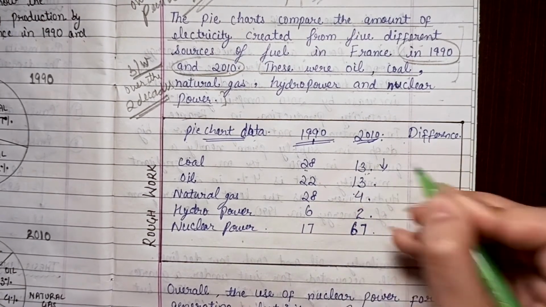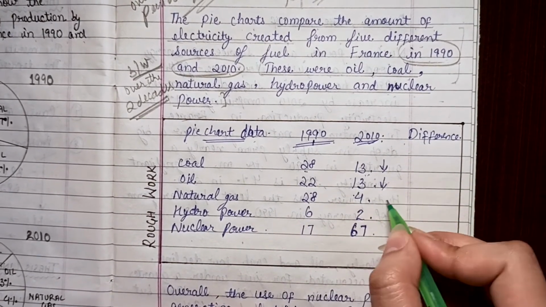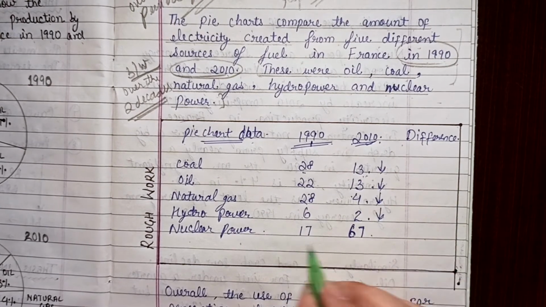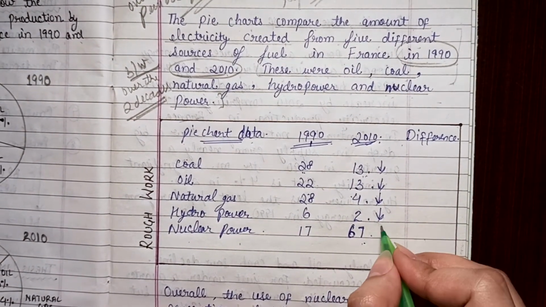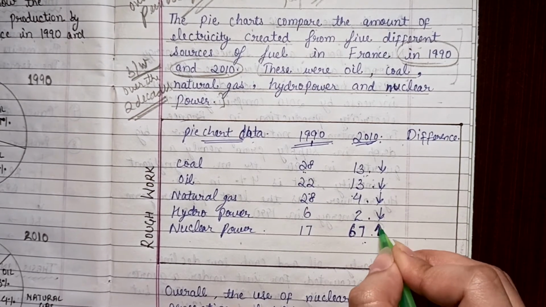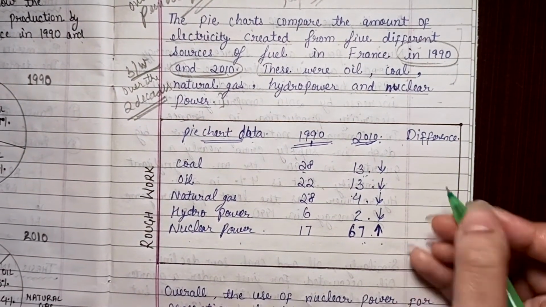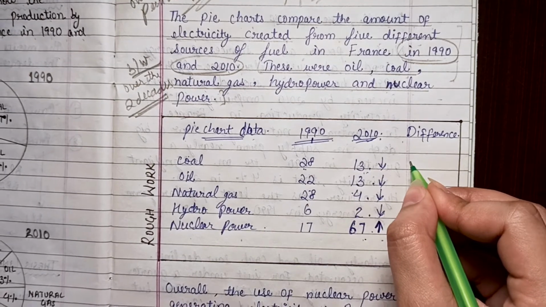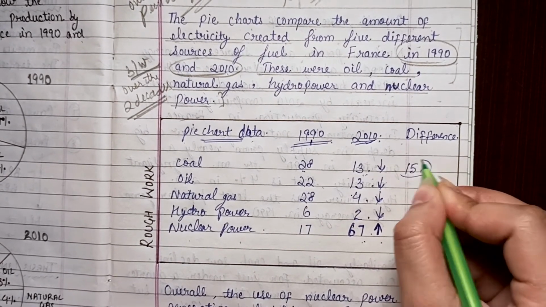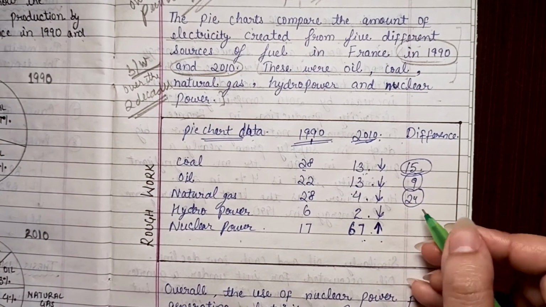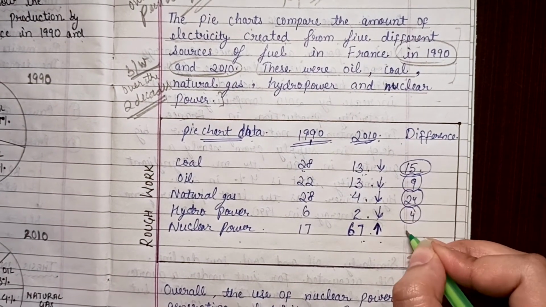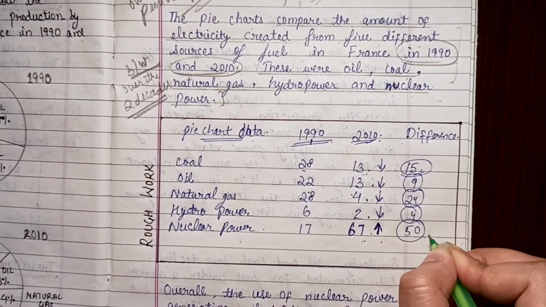It decreased. This also decreased. This also decreased. The last one, the nuclear power, the usage of nuclear power for electricity production increased over the given period of time. Now you can also write the difference: 15%, 9%, 24%, 4%, and it increased by 50%.